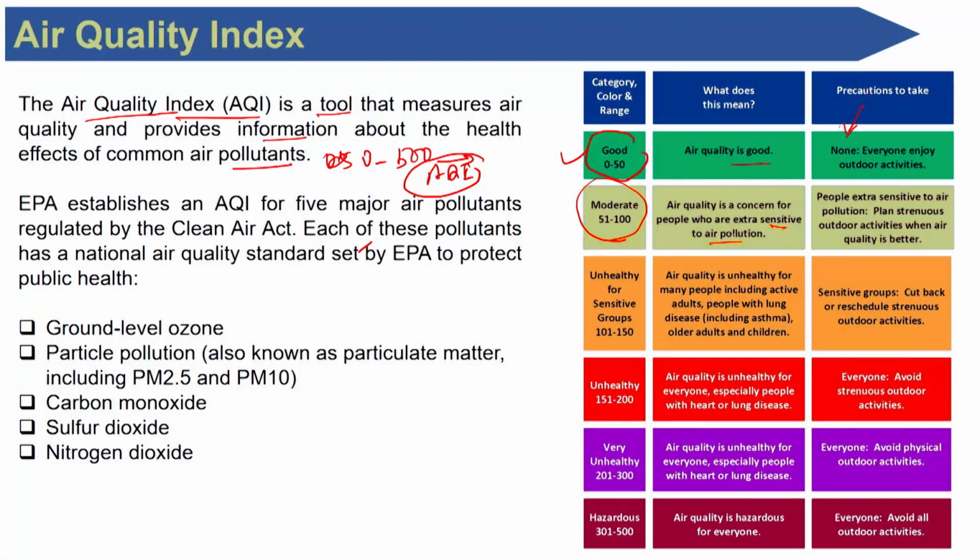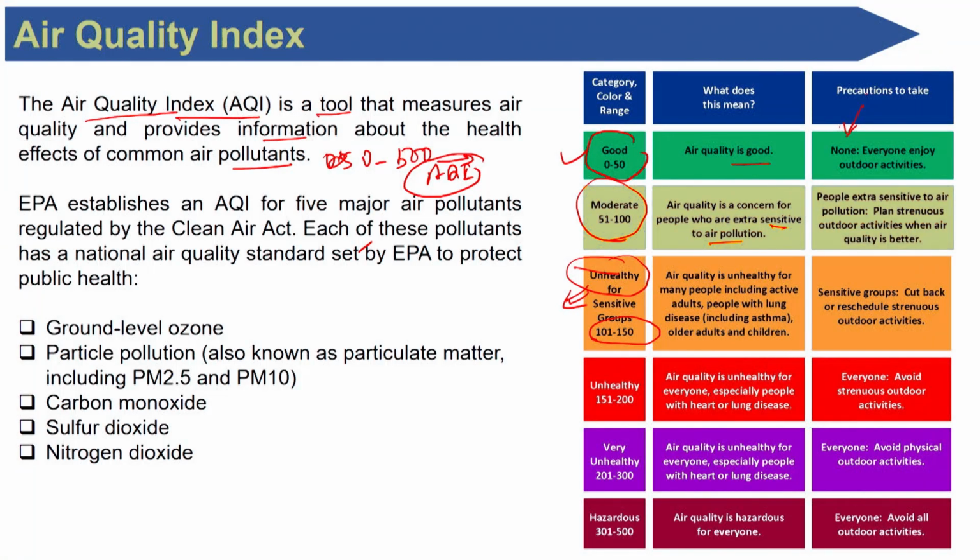Not everybody will be affected, but some people who are very prone to air pollutants will be affected, so they have to take extra care. And if it is between 101 to 150, this is unhealthy for sensitive groups, just next to the moderate one. If you are very prone to air pollution, you should not go out.